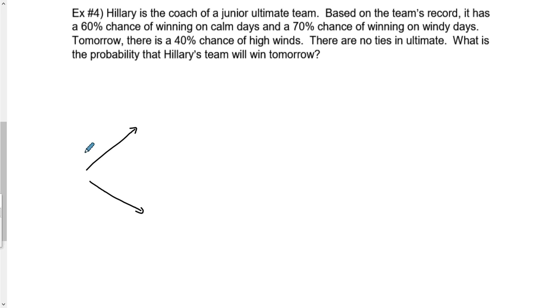Either we can have no wind, or we can have wind. We have a 40% chance of high winds. So 40% is 0.4. If there's a 40% chance of high winds, it means that there's a 60% chance of no wind. All right? After that, we can deal with the other two situations.